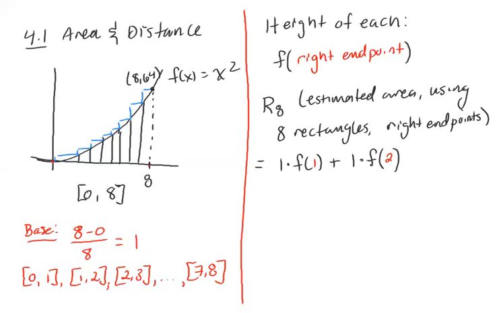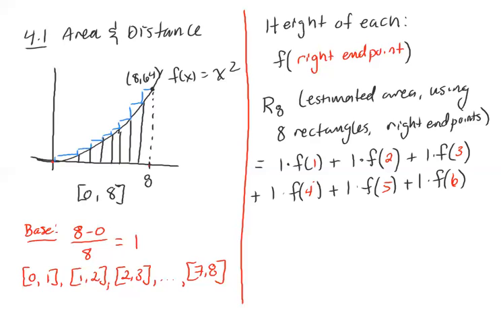I can see a pattern here. Plus 1 times f of the right endpoint of the third interval. And the others will continue in that same pattern. Plus 1 times f of 4, plus 1 times f of 5, and then plus 1 times f of 6.